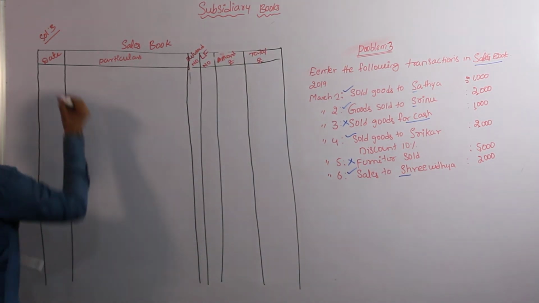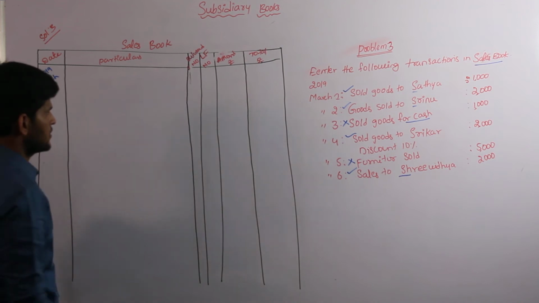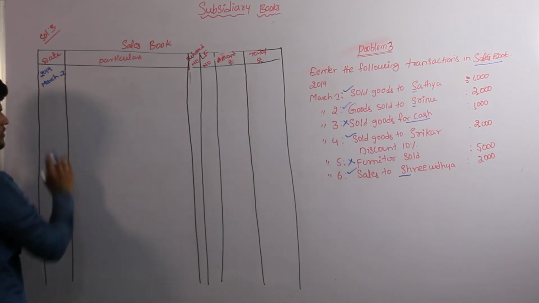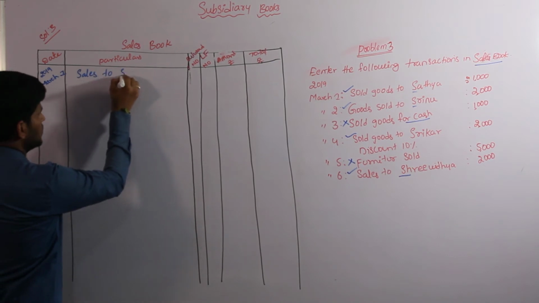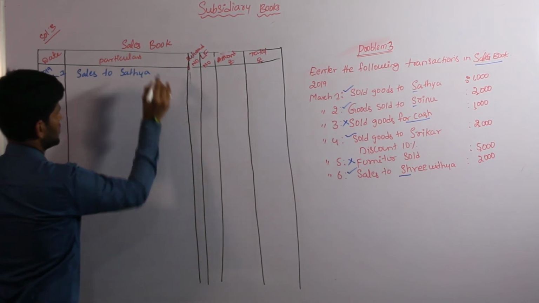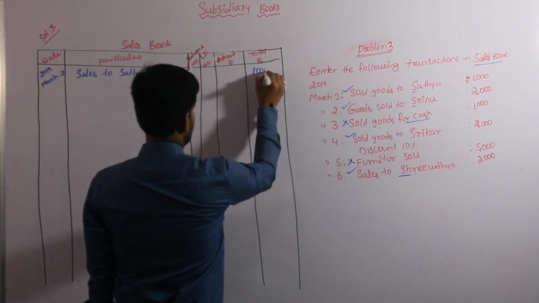And this one, amount, and total amount. Come to solve: enter the year, month, and the day which we considered. The first transaction considered is sales to Satya. There is no change in amount. Directly I am writing the total amount 1000.